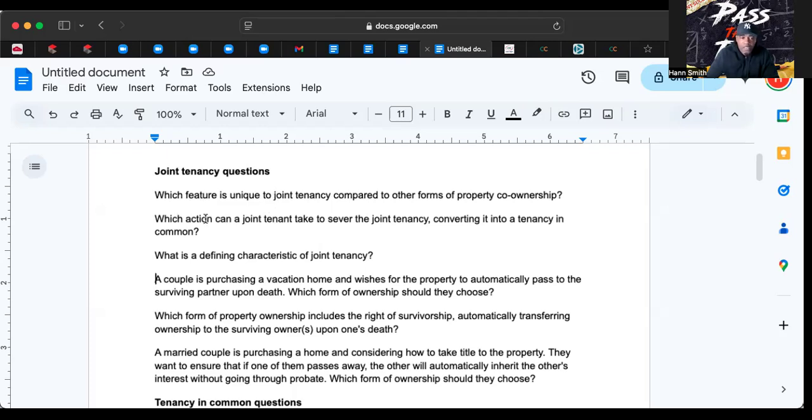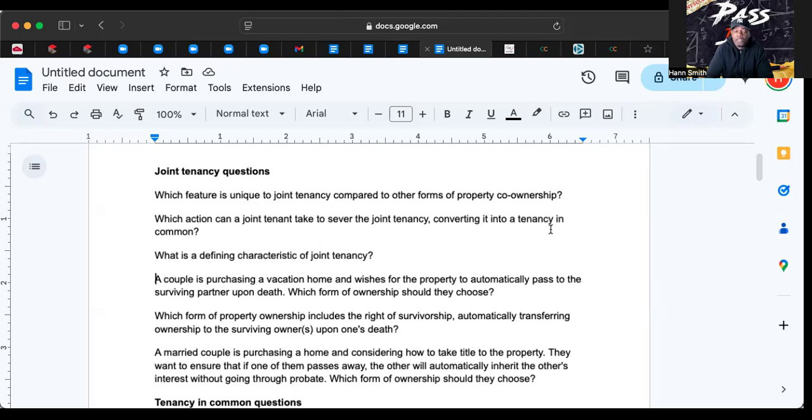The next question: which action can a joint tenant take to sever the joint tenancy, converting it into a tenancy in common? Let's talk about that a little bit. If one of the tenants in a joint tenancy wants to get out of the joint tenancy and, for instance, sell their interest to someone else, then when they do that, that ownership structure converts from a joint tenancy to a tenancy in common.